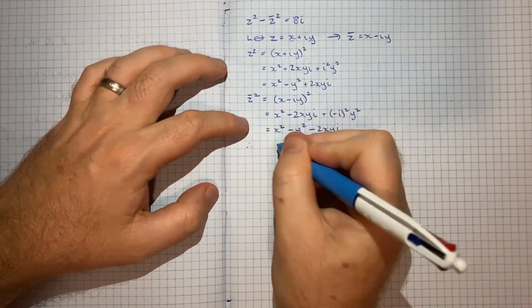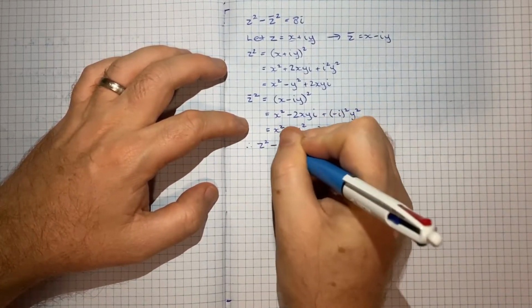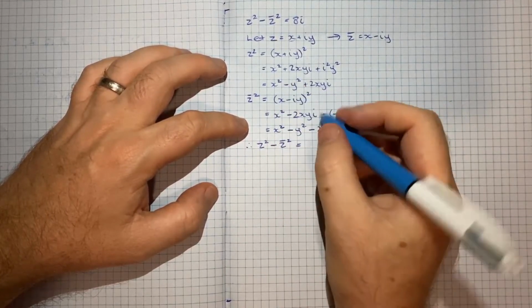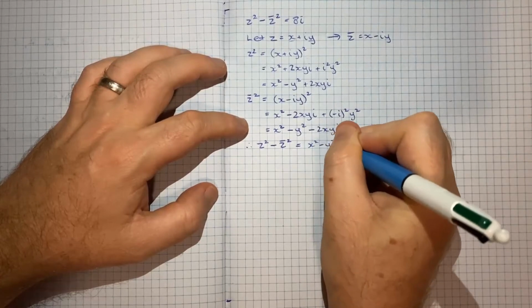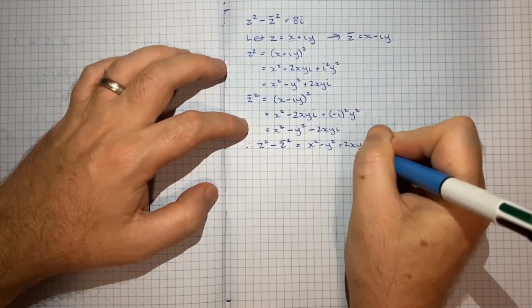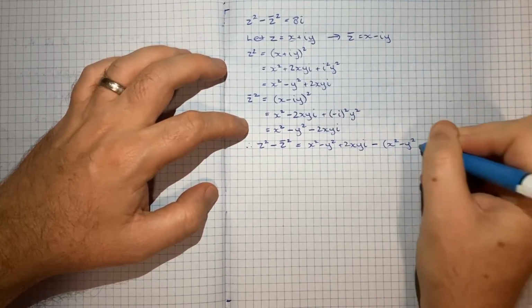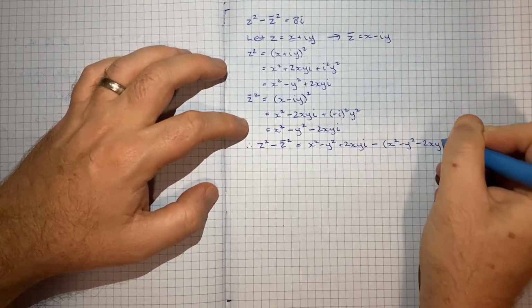So therefore we can say that z squared minus z bar squared is equal to x squared minus y squared plus 2xyi minus x squared minus y squared minus 2xyi.